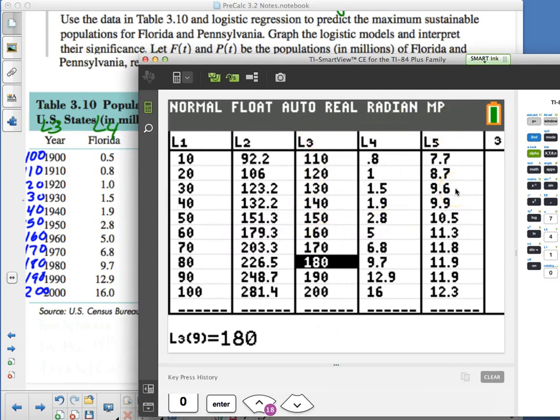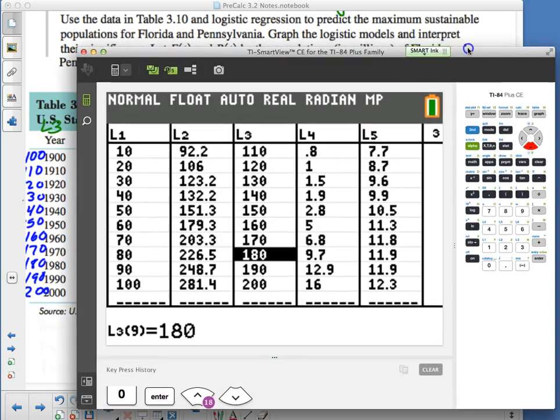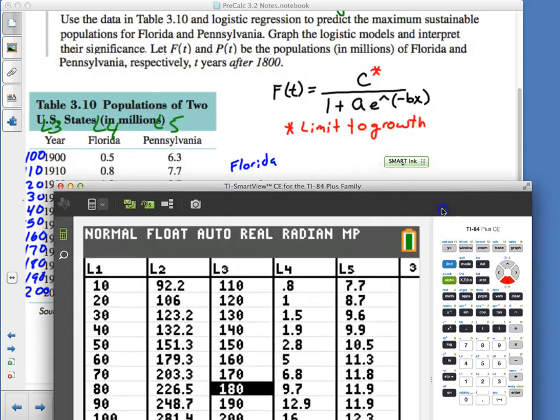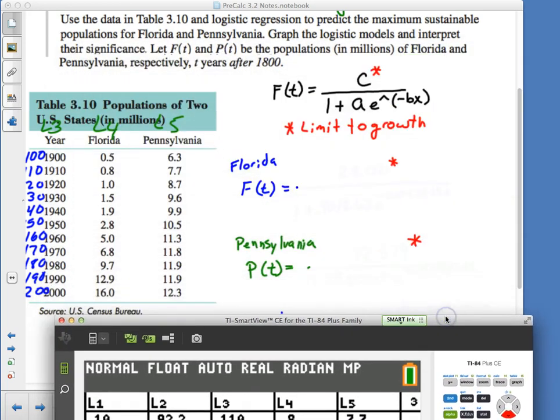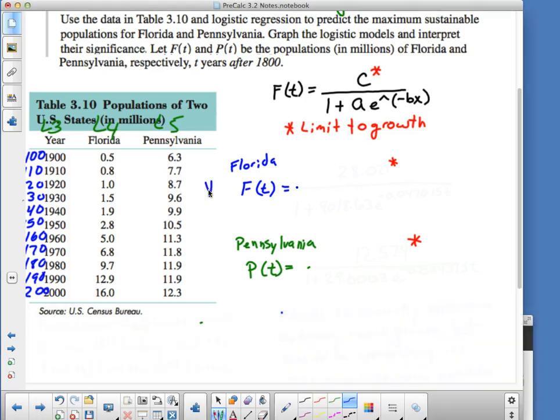Are they all good? Now, what you're going to do is you're going to set up 2 regression models. Because we're setting up 2 regression models, and we have those other ones in there, and I want to make sure that we're able to access all of them if we want to come back to them. So instead of just saying, hey, I'm going to go vars Y1, I'm going to put Florida in vars Y2 and Pennsylvania in vars Y3 in that order, okay, in my calculator.